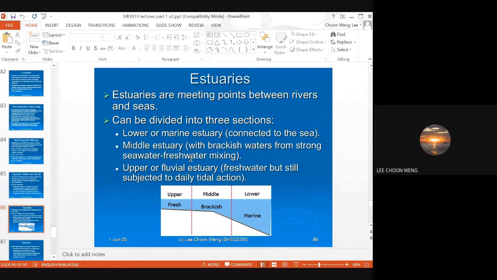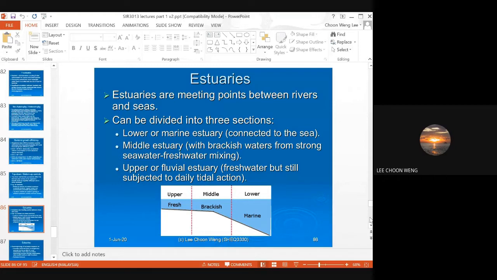That's the brackish water range. This is where there's a lot of mixing between seawater and fresh water. Then the lower or marine estuary is the part that is connected to the sea, where the salinity can go all the way up to 33 parts per thousand. So this is considered the estuary.